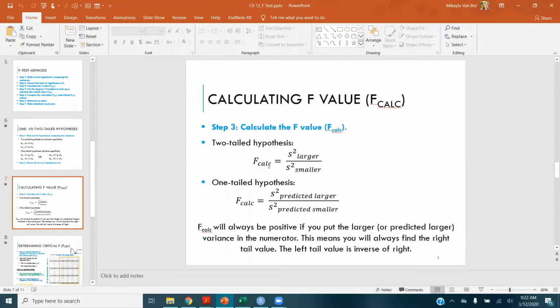This will mean that the F-calc value is always positive, so you can always use the right tail value in the distribution. Remember, this distribution is not symmetrical, so by doing this, we avoid any issues that may occur by finding the left tail of this distribution. Again, the takeaway from this slide is to always put the larger variance in the numerator of the F-calc ratio.